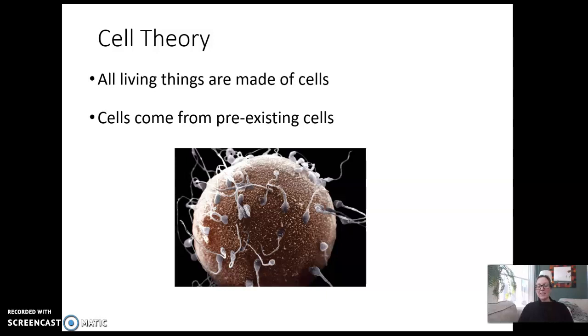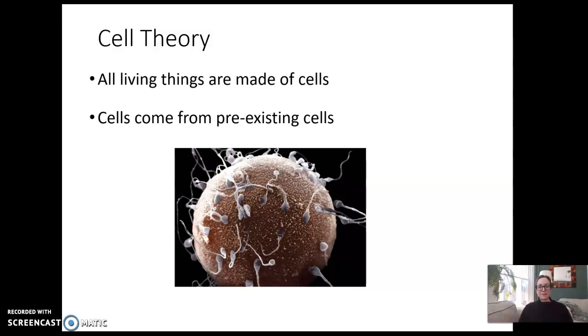So the cell is the basic unit of life, of living things, and the cell theory is the foundation of biology. It says that all living things are made of cells. So far, we haven't found anything that is living that is not a cell. And cells come from pre-existing cells.